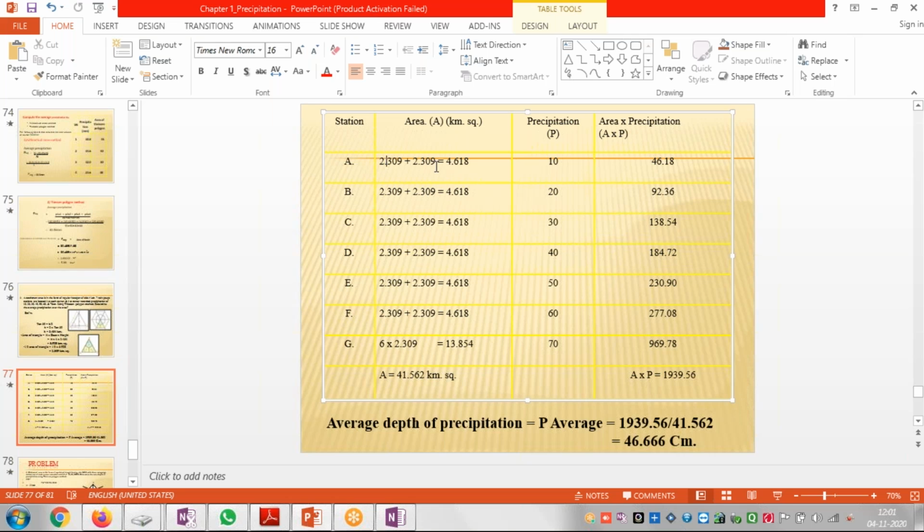And this area is 4.6 for 1, 2, 3, 4, 5, and the sixth area, right? And the seventh area will be 13.85. Now for station A, the rainfall is say 10. For station B it is 20, for station C 30, for D 40, E is 50, F is 60, and for the center station it is 70.